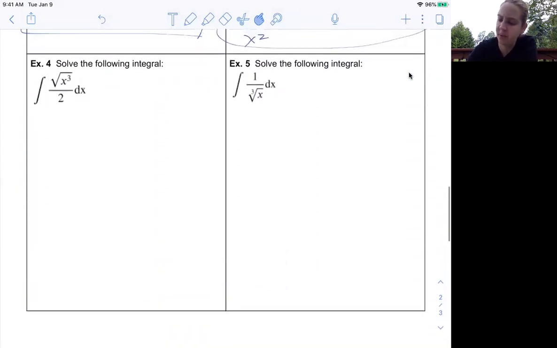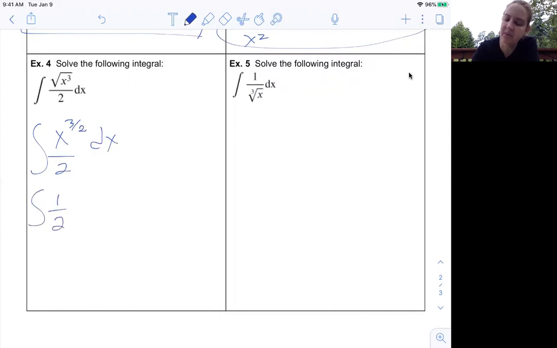An example 4, to write this with the radical. If I have the square root of x cubed, that's really x to the 3 halves over 2. And sometimes students don't like that 2 in the bottom, but remember, it's really just a 1/2. So if I add 1 to x to the 3 halves, it's 5 halves. So this is 1/2 x to the 5 halves divided by 5 halves plus c.